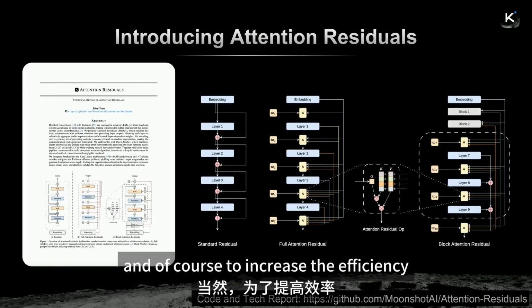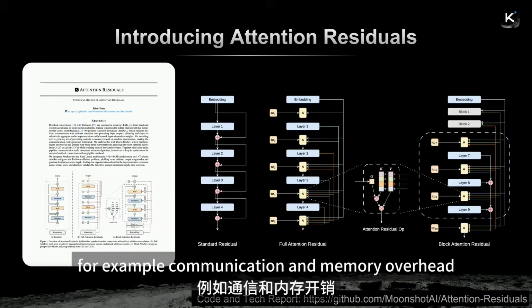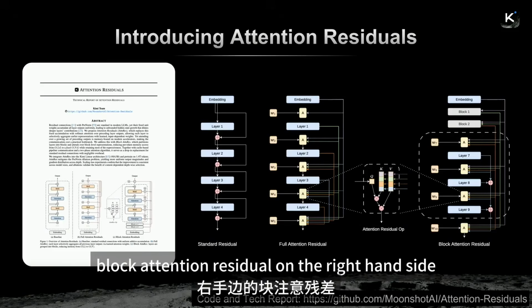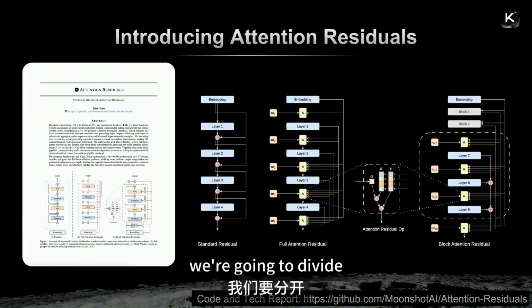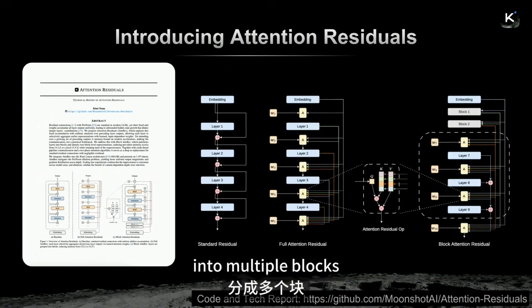And of course, to increase the efficiency and reduce the infrastructure overhead, for example communication and memory overhead, we also design a new variant called block attention residue on the right-hand side. The idea is also simple. We divide all the layers in the neural network into multiple blocks.